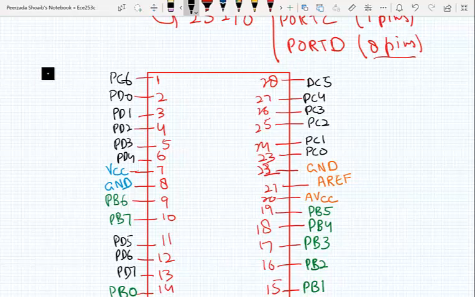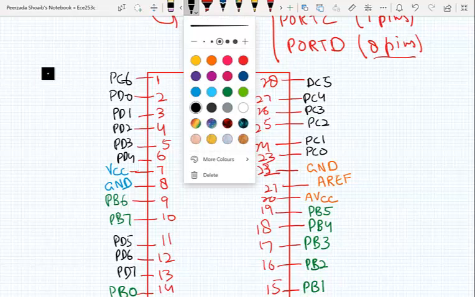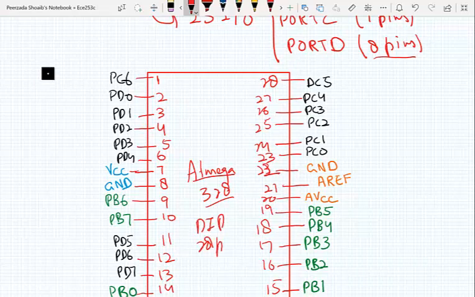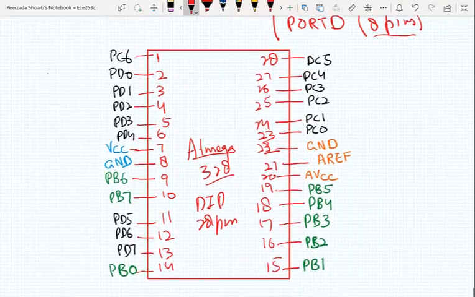So this is our Atmega 328 microcontroller, with a 28 pin IC, dual inline package. This is the pin diagram of the various ports and various pins.